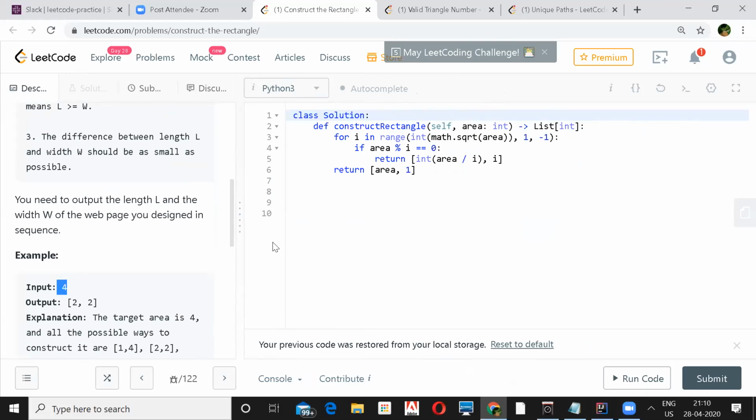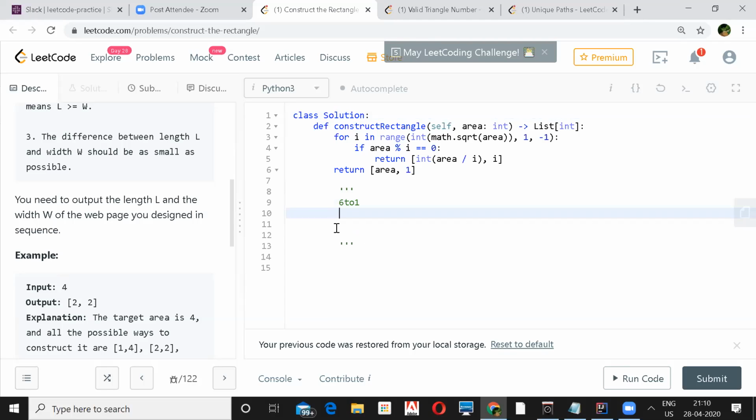Can you explain with an example, like considering 36 or some other example? Yeah, 4 is a very small number, so let's say 36. Then I'll iterate it. Your root will be 6 and from 6 to 1 we will go.